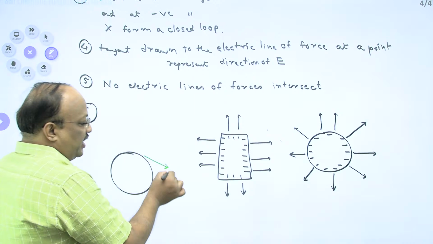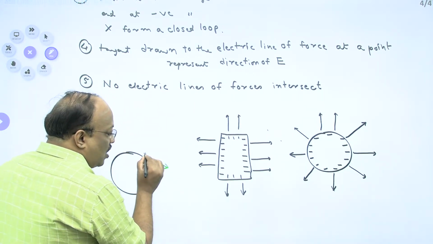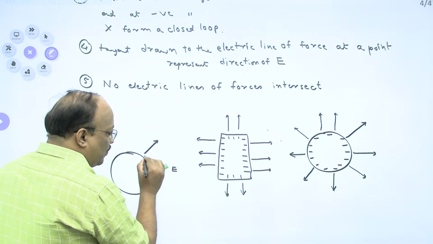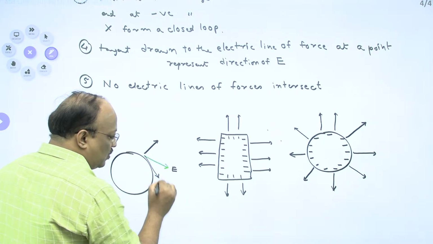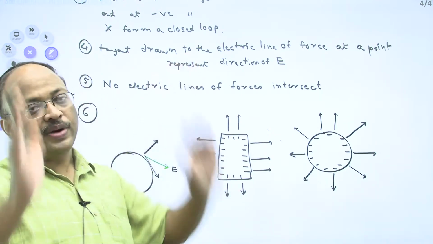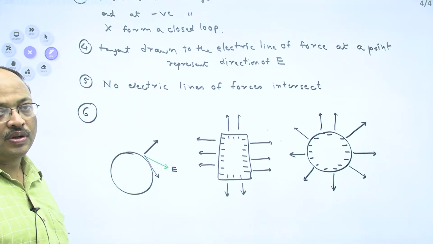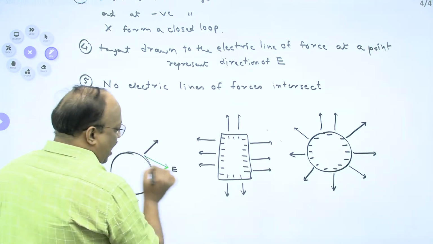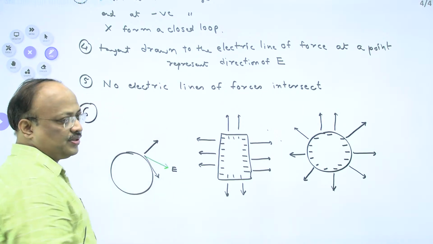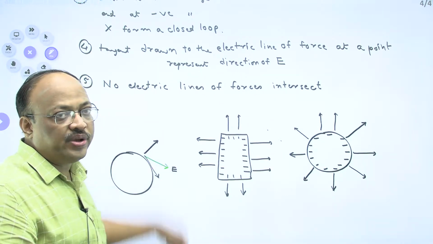Since it is a vector, we have to resolve this electric field into two perpendicular components. Of course, a part of the electric field is normal to the surface. What is the other part of the electric field doing?